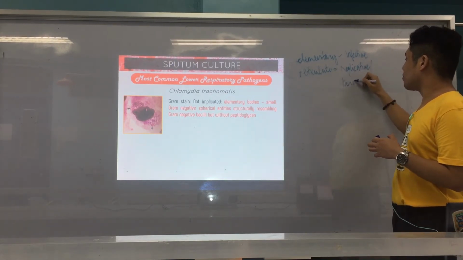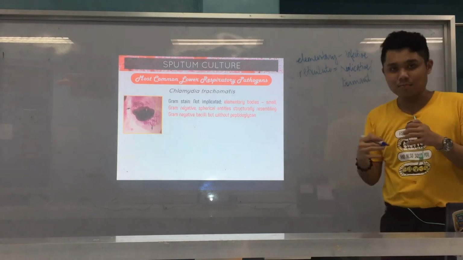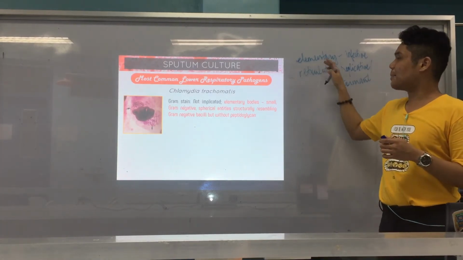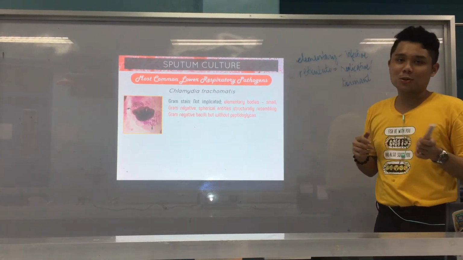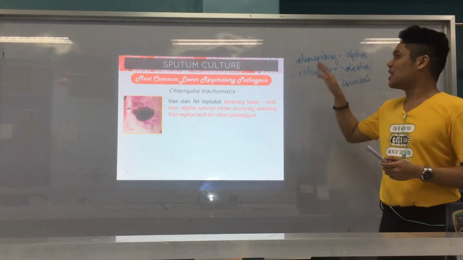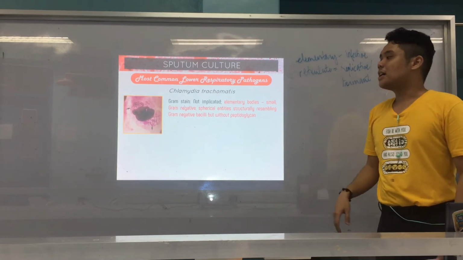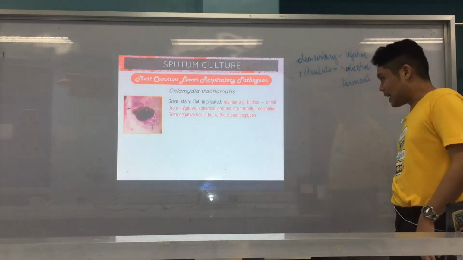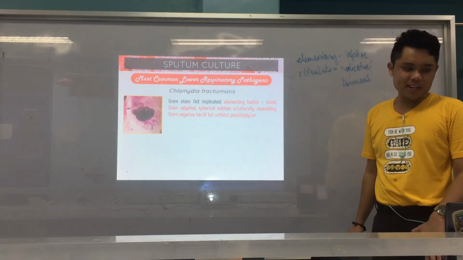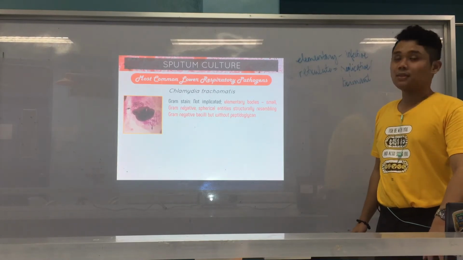This is the form inside the cells so that it can replicate. Alright, so the elementary body is the infective form of chlamydia, so it can spread. So again, they are gram-negative bacilli if stained, but generally they don't gram stain well.